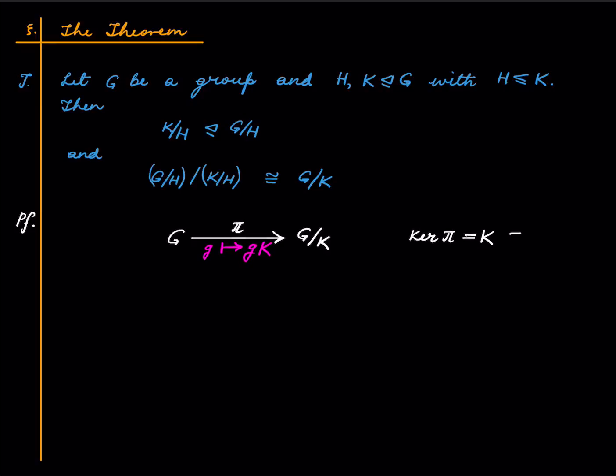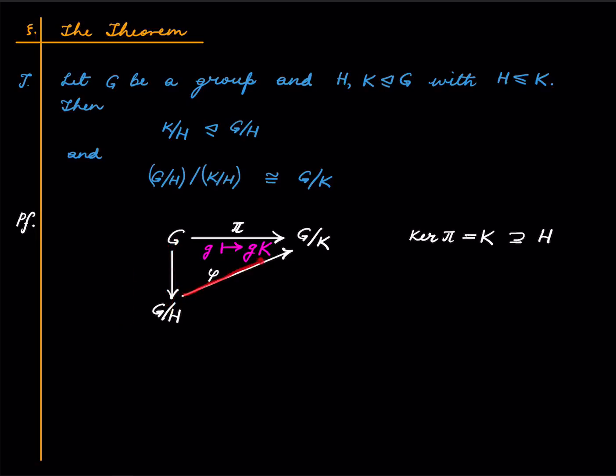Kernel of this map is K, which contains H, and therefore by what we saw in the revisit of the first isomorphism theorem, this map pi factors through G mod H and gives us a group homomorphism, which let me call phi. Usually we would write pi bar, but let me just use the word phi. And this map is the natural projection map. It just takes G to GH. Let me not even give it a name.